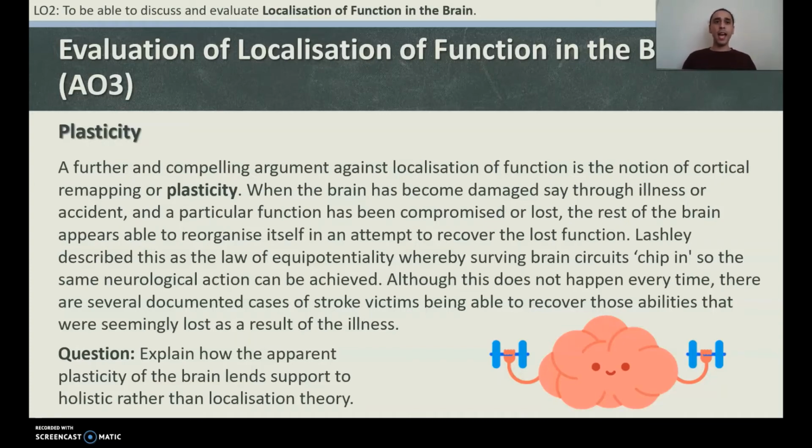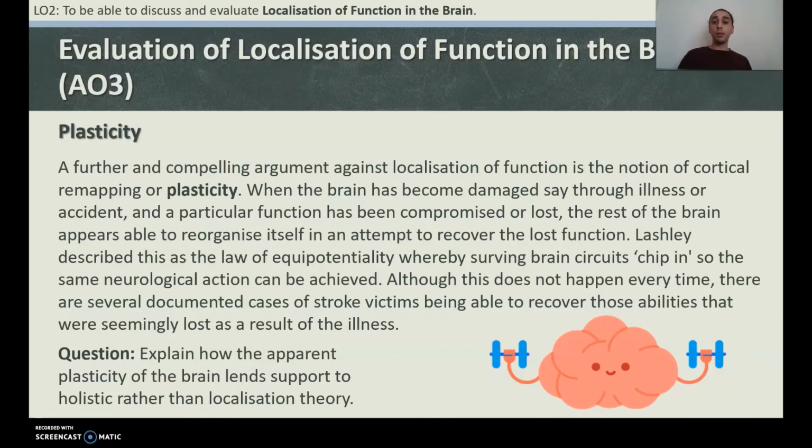Lashley described this as the law of equipotentiality, whereby surviving brain circuits chip in so the same neurological actions can be achieved. Although this does not happen every time, there are several documented cases of stroke victims being able to recover those abilities that were seemingly lost as a result of the illness.